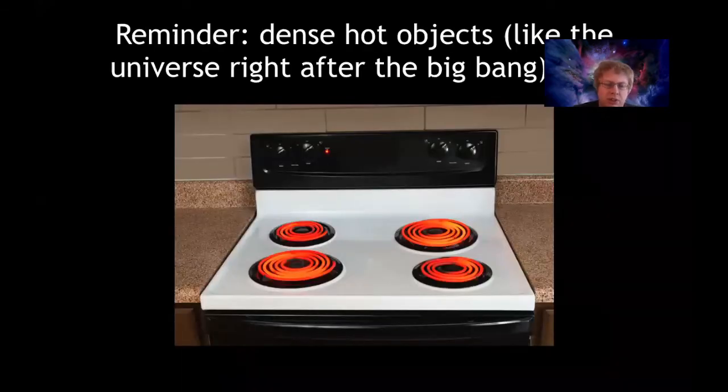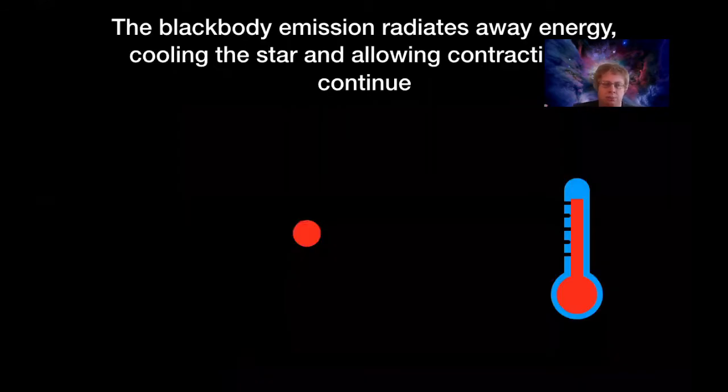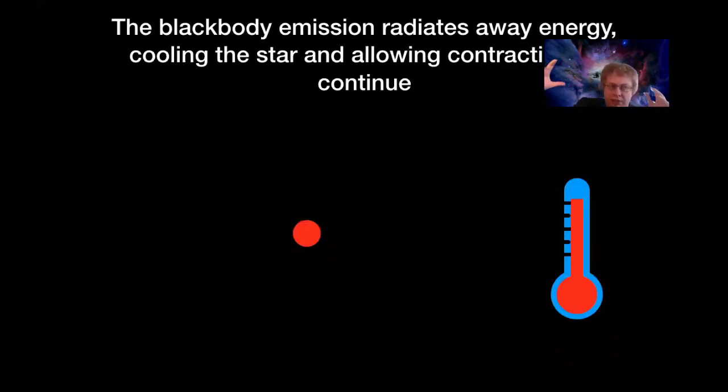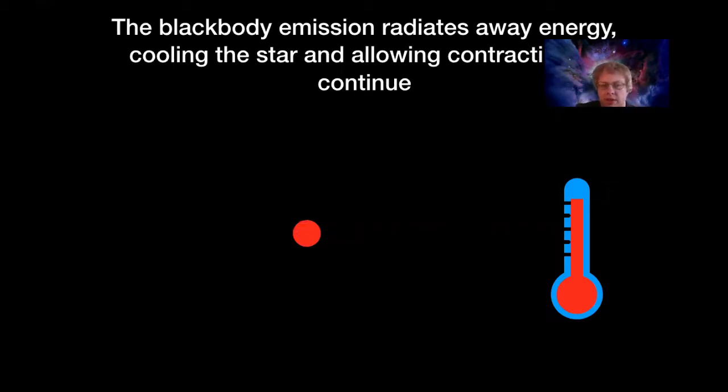And the reason is gravity is always going to win this battle because the amount of heat that it generates will eventually be radiated away. So remember that hot, dense objects emit their own radiation, like this black body radiation that you would see from the stove. So when a star, a protostar, a cloud of gas that's been collapsed very small, gets hot, it will radiate away some of its heat via black body radiation.